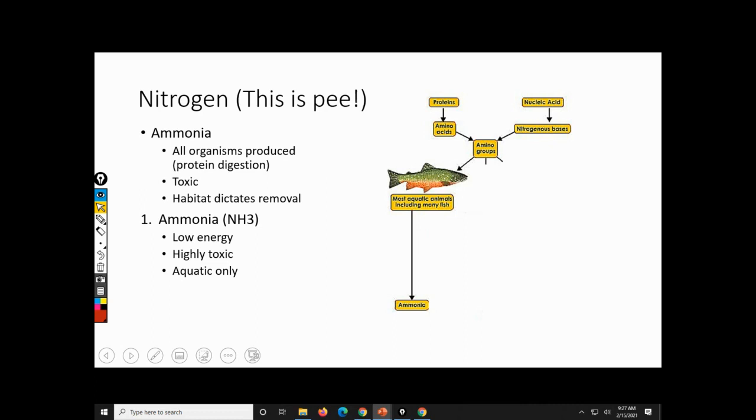So first let's look at ammonia, because this feels like a weird thing to be peeing out. To us, ammonia is super crazy toxic. We use this to clean things. The smell alone makes your eyes burn. So ammonia, a nitrogenous-based compound. This is what we see a lot of our aquatic organisms use.